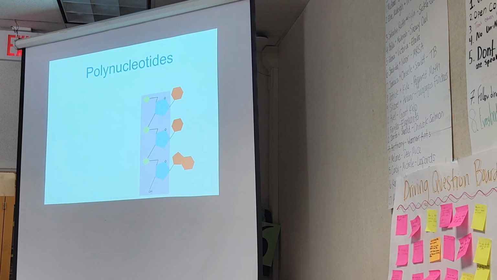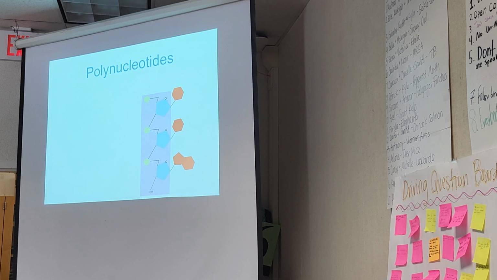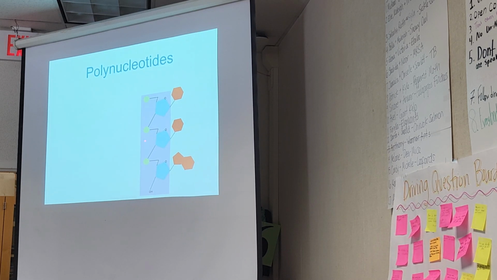Either one. We don't know right now. It depends on if this is a single strand, this is our RNA. If it's only half of the double strand, it's our DNA. Right on? These little yellow circles, what are those?